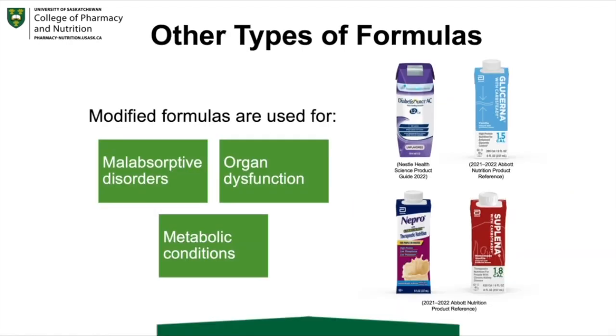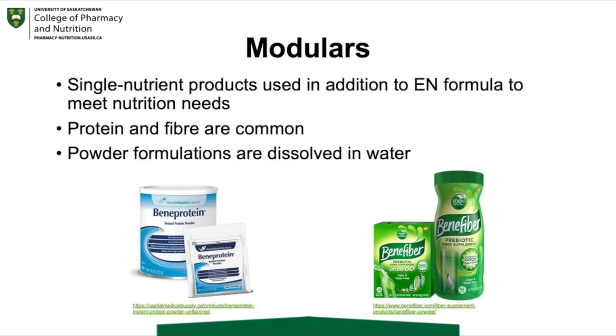You may also encounter modified formulas for specific conditions such as malabsorptive disorders, diabetes, or chronic kidney disease. These formulas may have nutrients broken down for easier absorption or may be modified such that a formula for someone with diabetes has less sugar, or one for an individual with kidney disease is lower in potassium and phosphorus.